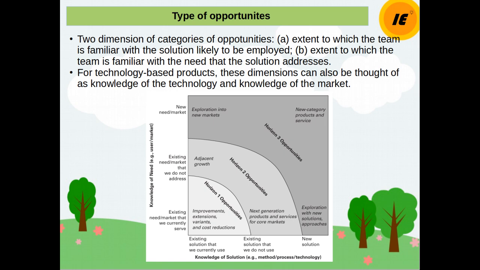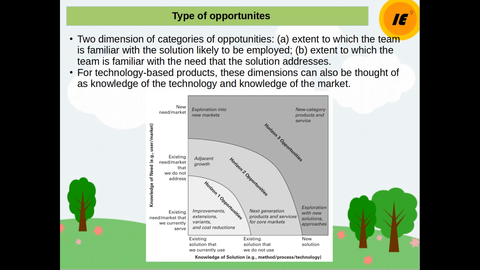So that's a new thing, and we place it in the upper portion of the y-axis. And finally, at the top of the y-axis we have something called a new need of the market. And in the x-axis, for the knowledge of solution or the method or technology, at the lowest point is the existing solution that we currently use, then existing solution that we do not use, and new solution.